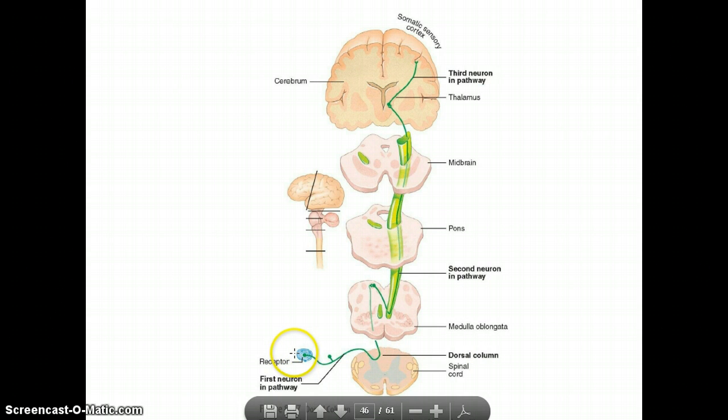But the important part to note is there are receptors that receive information, send this information up from the peripheral nervous system into the spinal cord, which is part of the central nervous system, and then finally to the area of the brain that receives sensory information. Notice there are synapses in the thalamus, sensory neuron synapse in the thalamus.